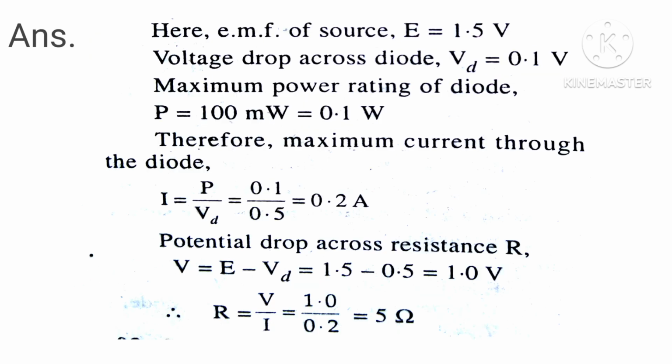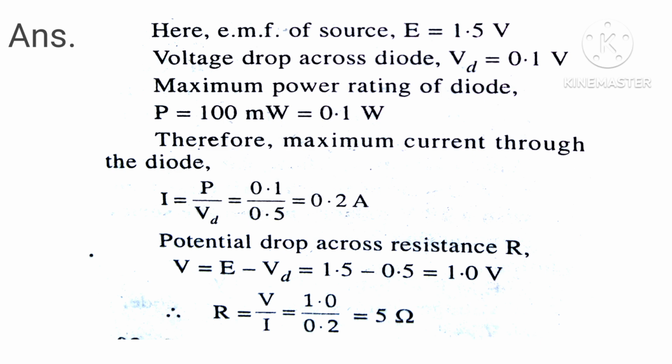Here EMF of source equals 1.5 volt. Voltage drop across diode VD equals 0.5 volt. Maximum power rating of diode P equals 100 milliwatt equals 0.1 watt. Therefore, maximum current through the diode I equals P upon VD equals 0.1 upon 0.5 equals 0.2 ampere.